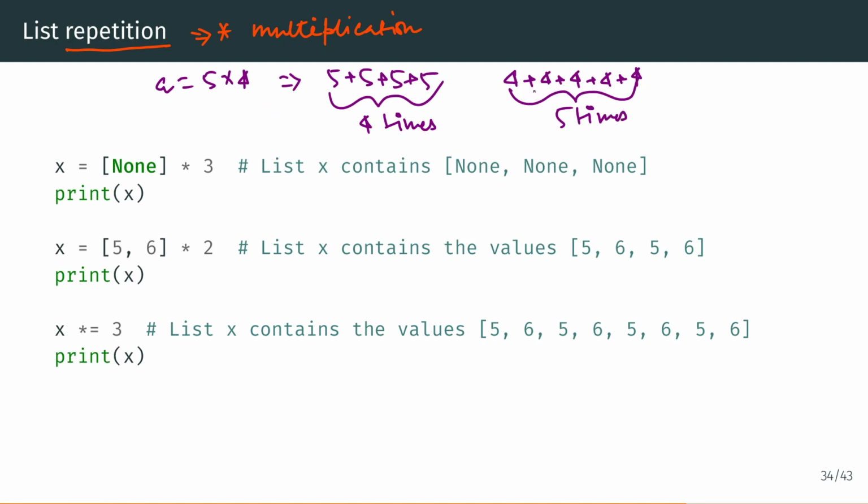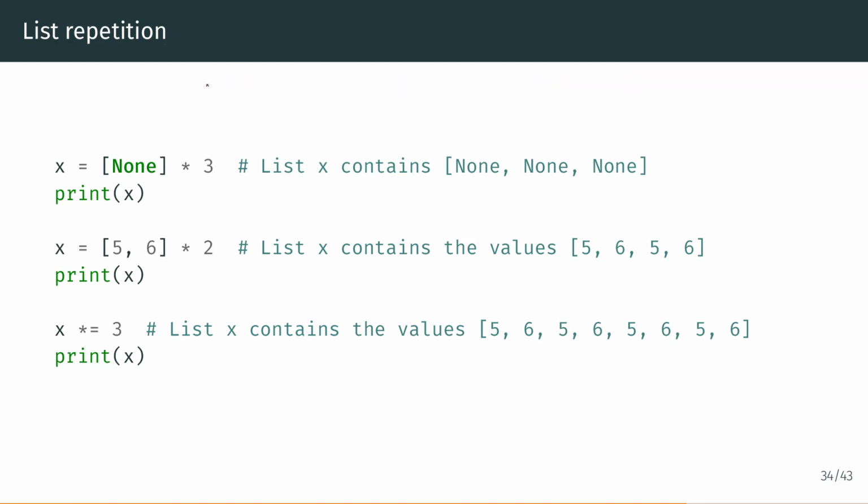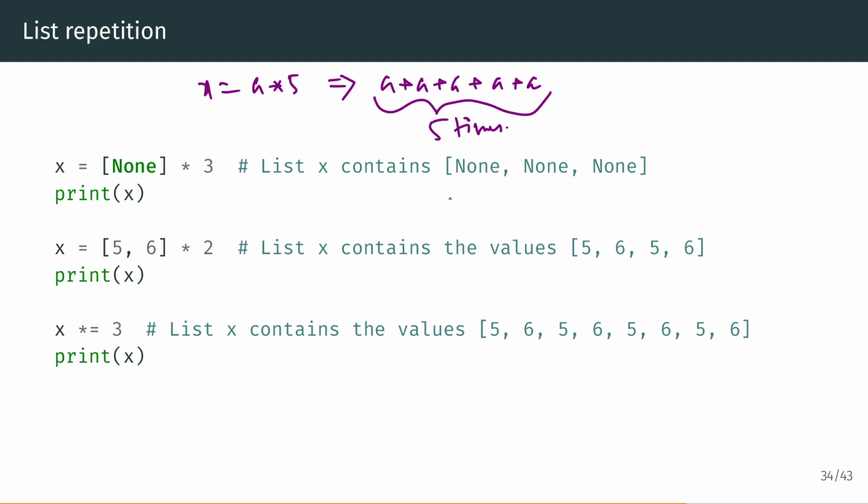Similarly, when you have an expression such as x equals a times 5, this is equivalent to saying x equals a plus a plus a plus a plus a, and that is again 5 times. Just like that, in lists you can also use the star operator to mean append 3 times.